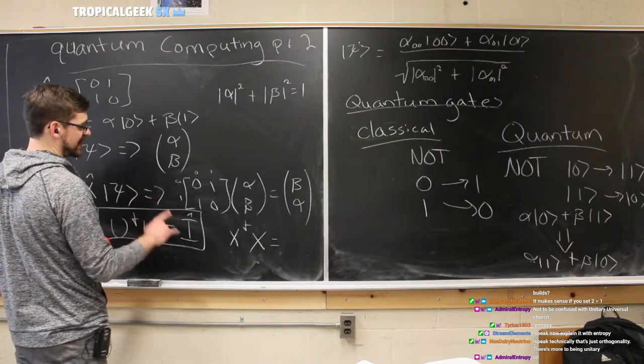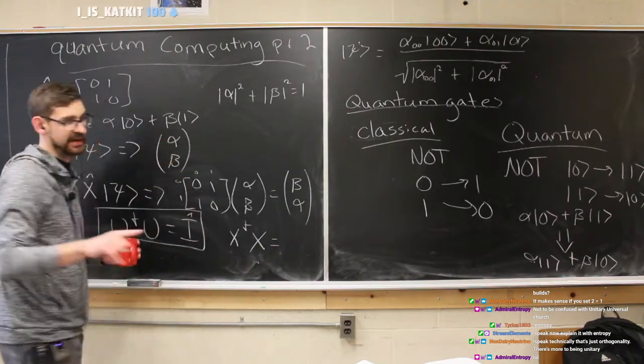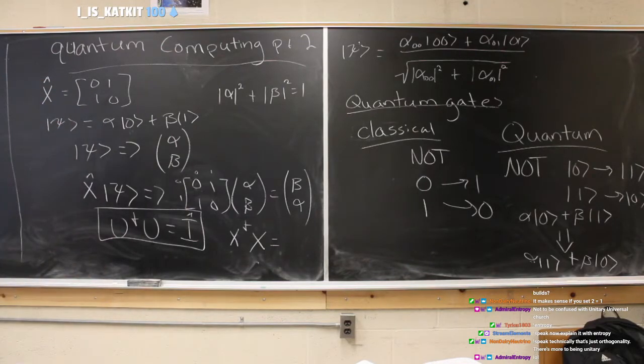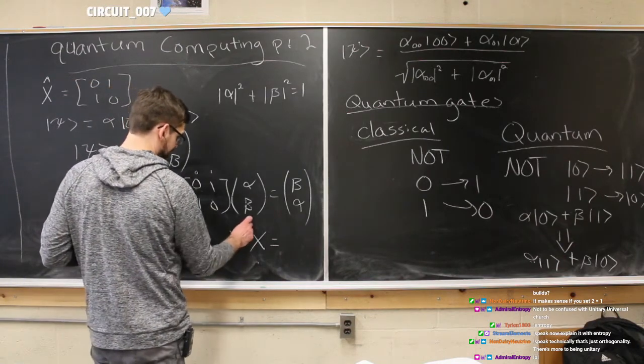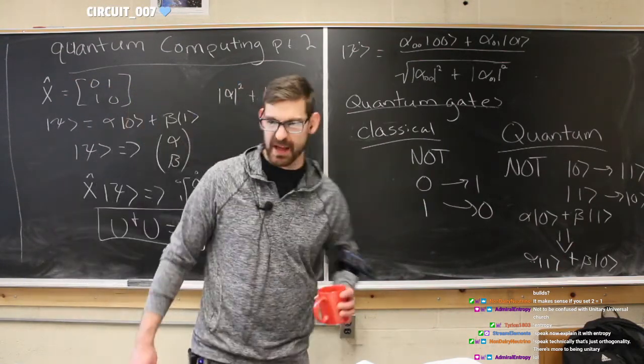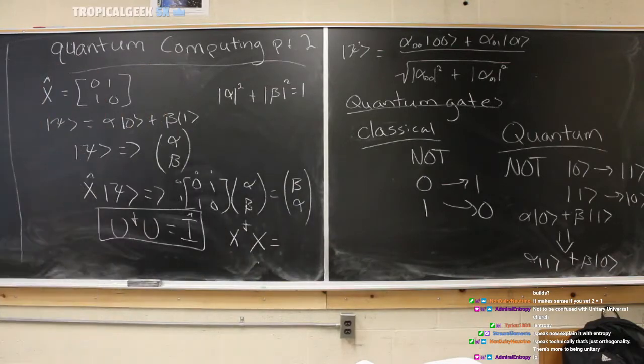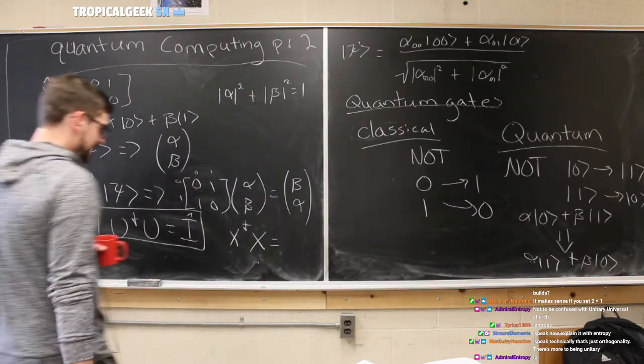And then the conjugate is just taking every imaginary number and flipping the sign, okay? So that's what the adjoint means in physics. I know that the adjoint means something very different in mathematics, something about cofactor matrices or something like that. I don't know.